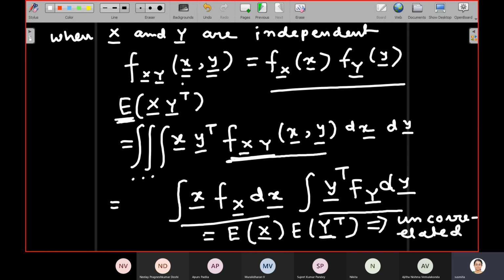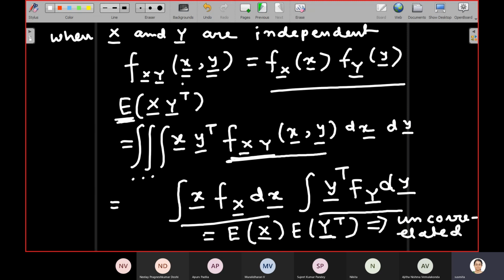Instead of taking x and y as two random vectors, you can just consider a single dimensional case, and then the same relationship holds. So when x and y are uncorrelated, the expectation of the product is given by the product of individual expectations.